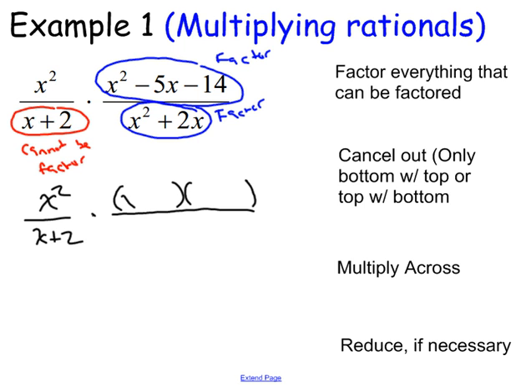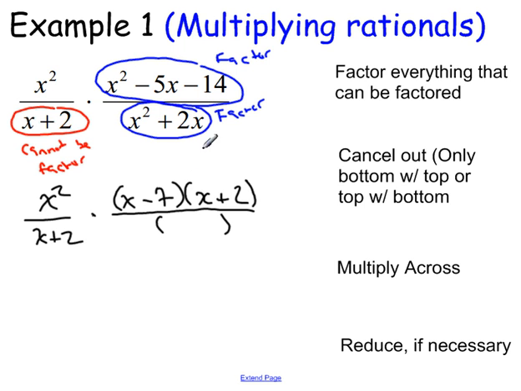Factoring this, that's going to be x and x. And I need 2 numbers that multiply to negative 14 but add up to negative 5. That's going to be 7 and 2. This one has to be negative and this one has to be positive. To factor the denominator, I need 1 set of parentheses.